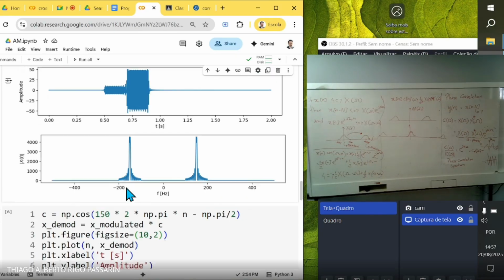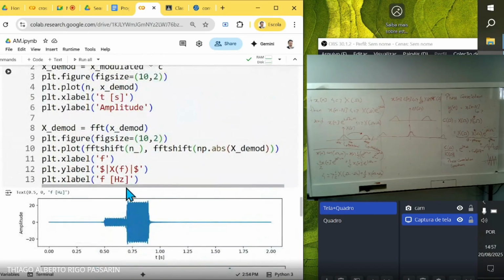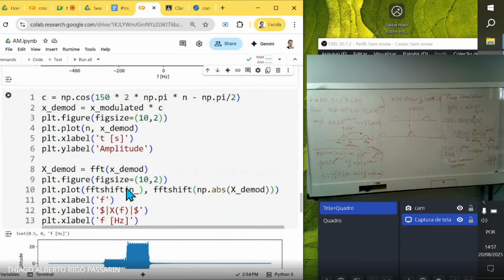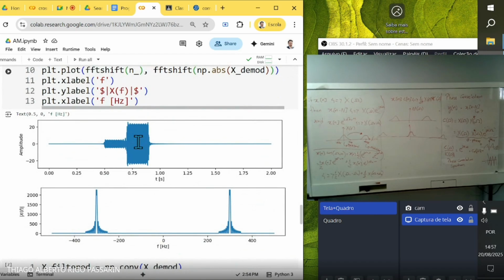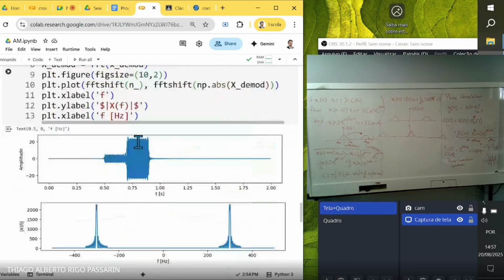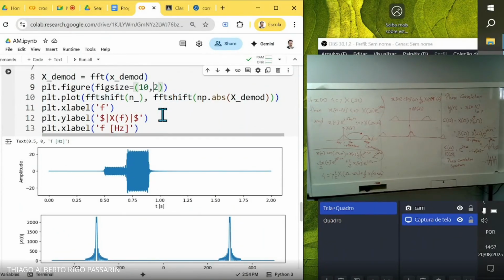Do we have this here? Demodulated signal, X demod.